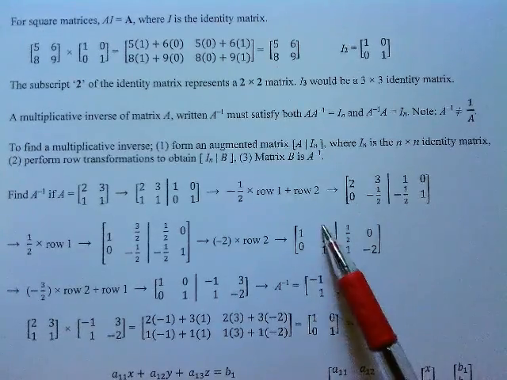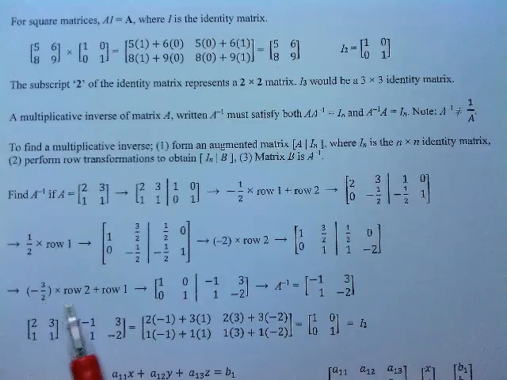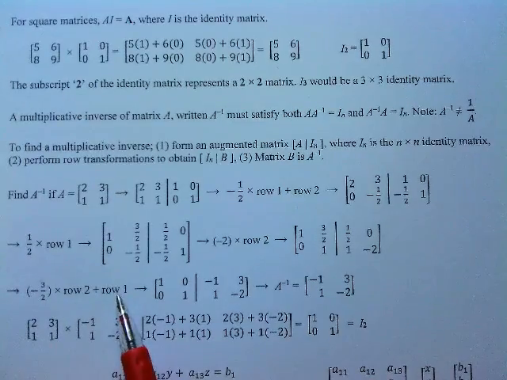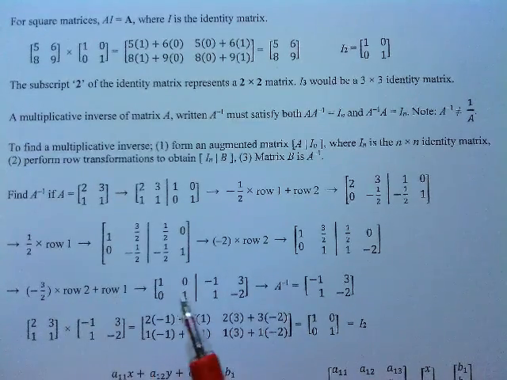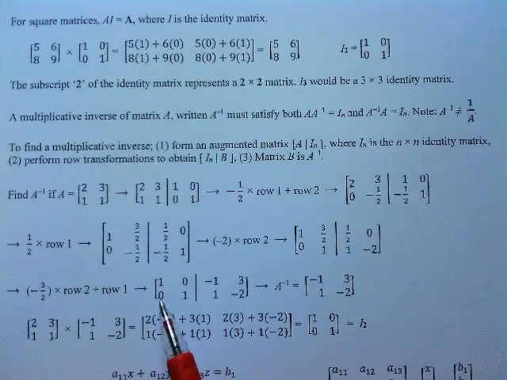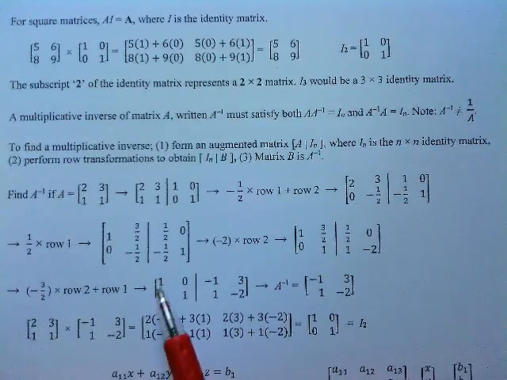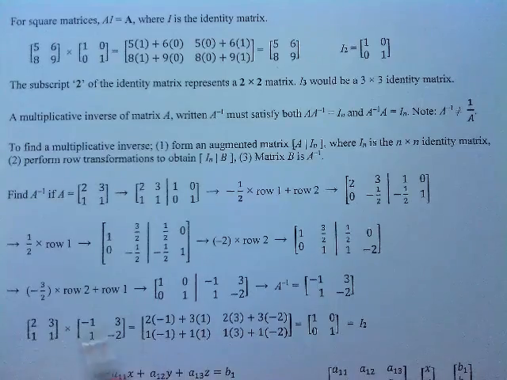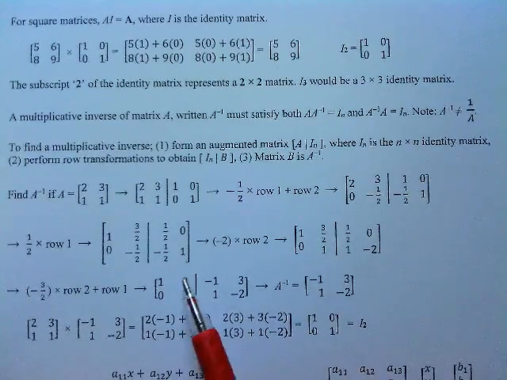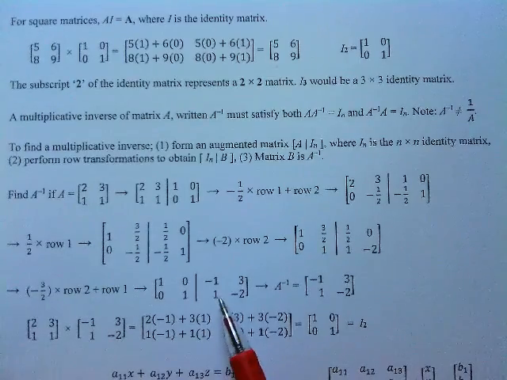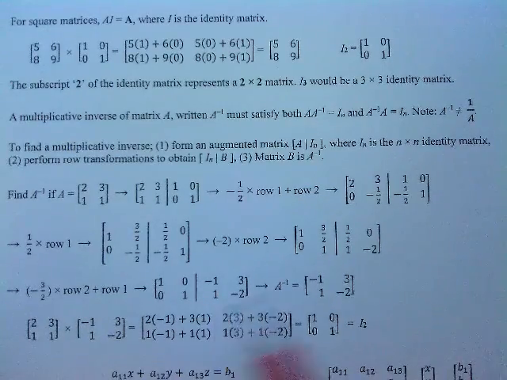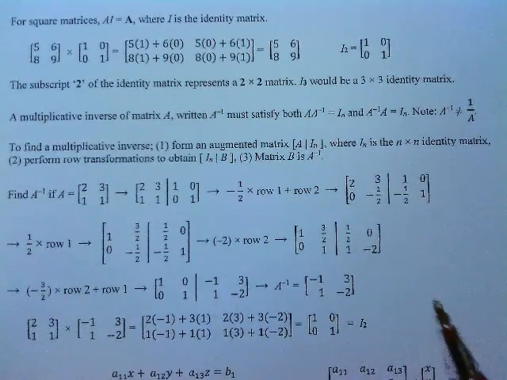And then I need a 0 up here, so -3/2 times row 2 plus row 1 to go in row 1. Of course, times 0 is still 0, so that'll stay a 1. We have a -3/2 times 1, which plus the 3/2 gives me a 0. We have a -3/2 and 1, so that's -3/2 plus a half, which gives me -1.